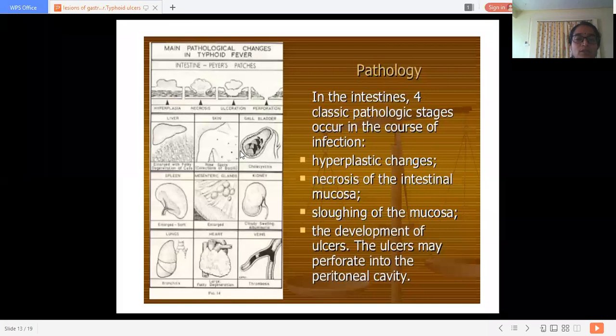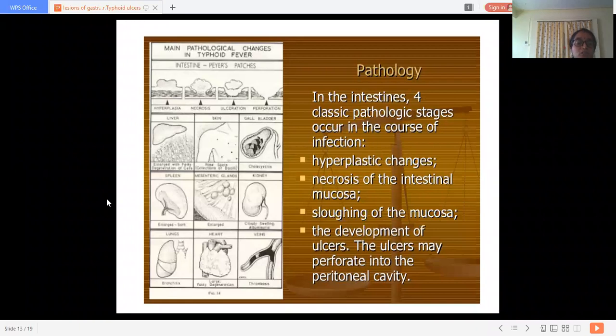These are the organs that show changes in typhoid fever. There is hepatomegaly, skin rashes, cholecystitis, enlarged spleen, and enlarged mesenteric glands. You can see the mesentery here. Then there is cloudy swelling of the kidneys, bronchitis, fatty degeneration of the heart, and it may be associated with thrombosis.